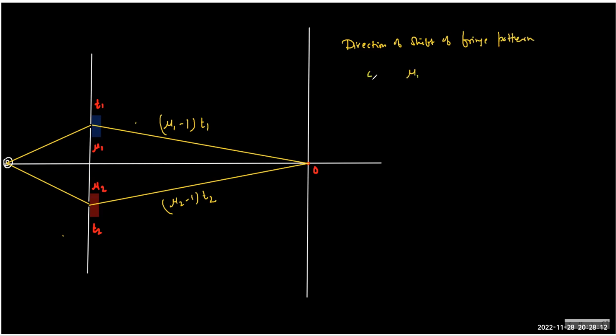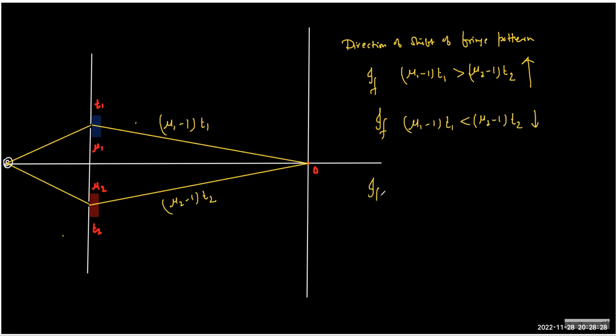If the above is bigger than below, upward. If this is less than, downward. And if both are equal, then no shift. Very simple.